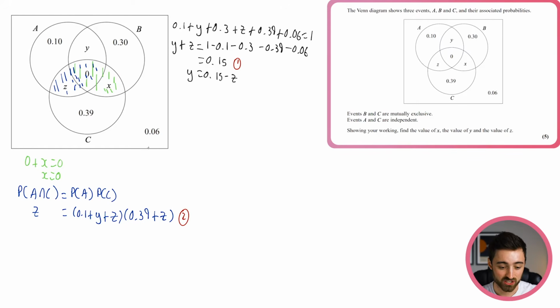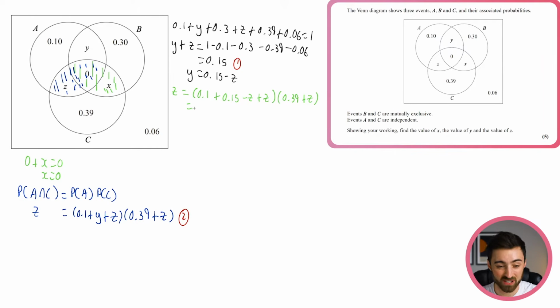So z is going to equal 0.1 plus y, so plus 0.15 minus z, that's y, isn't it? Plus z times 0.39 plus z. Yeah, that's that, isn't it?